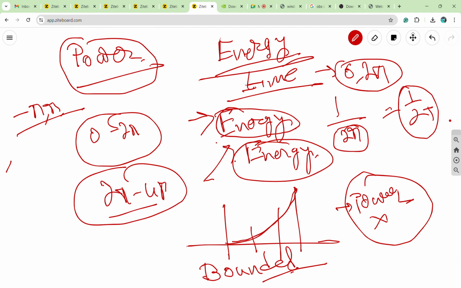I wrote 2t because maybe the signal is not sine. Maybe the signal is something else, but it's still periodic. Suppose the signal is a square signal like this, from minus t to t. Then it may not be periodic within minus pi to pi.